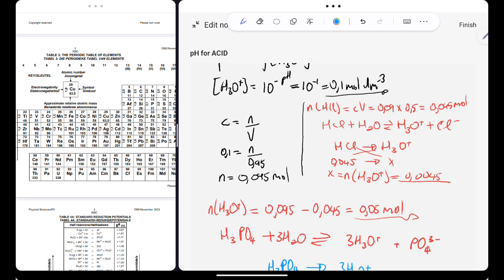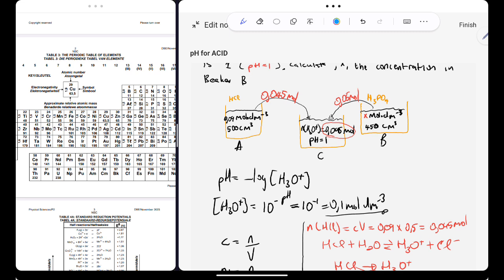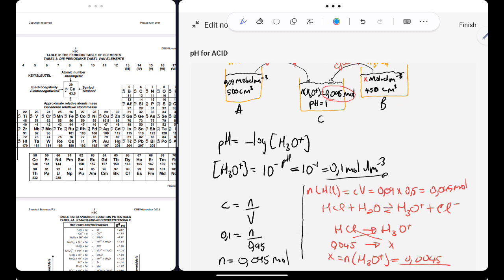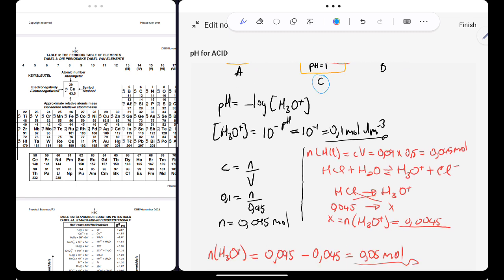Okay guys, let me take you step by step, because maybe I might have lost some of you. The first thing I did was to calculate the concentration of the final solution in beaker C. Why did I do that? Because I wanted to calculate the number of moles of my hydronium ions which were present in beaker C. Are you together?